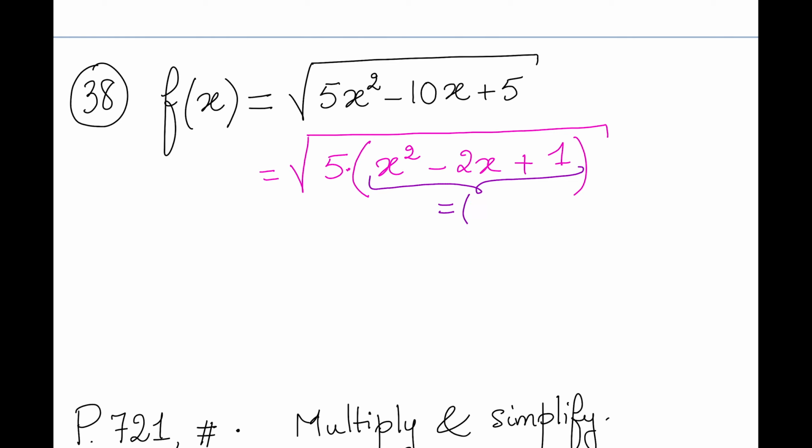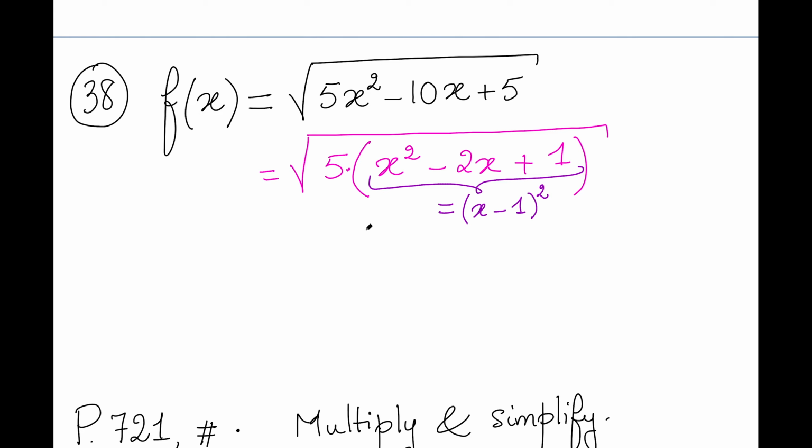This is x minus 1 squared, am I correct? If you multiply x minus 1 by itself, you get, what's the square of the difference, a minus b? Well, a minus b squared is a squared minus 2 times ab, just 2x in this case, plus b squared, which is 1, correct?